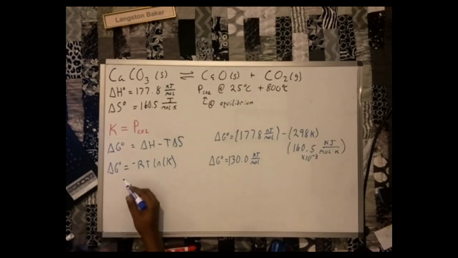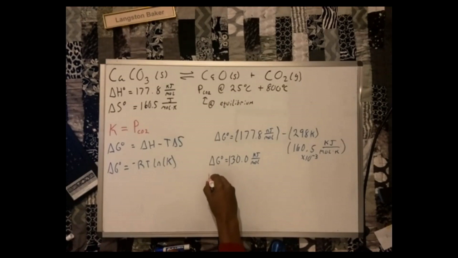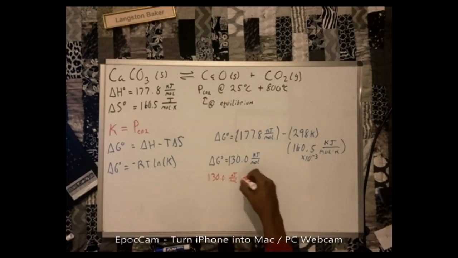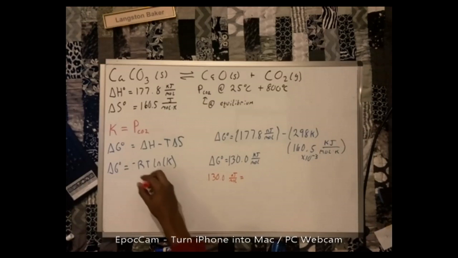Okay, so I get 130.0 kilojoules per mole. Now I throw it into this guy. So 130.0 kilojoules per mole equals negative R, which in this case is 8.314 joules per mole Kelvin.